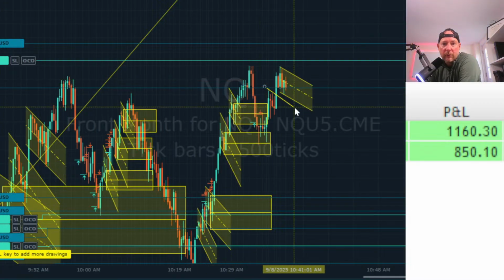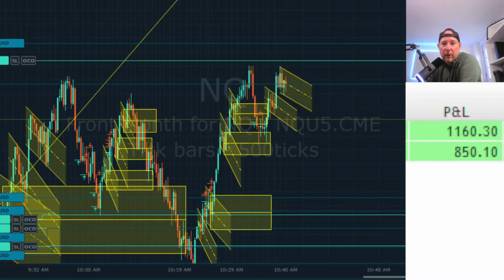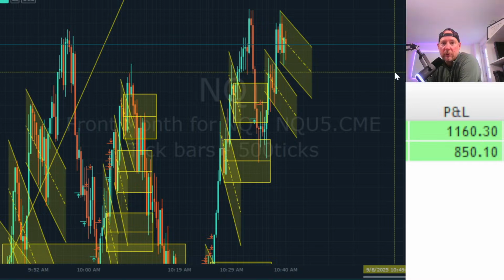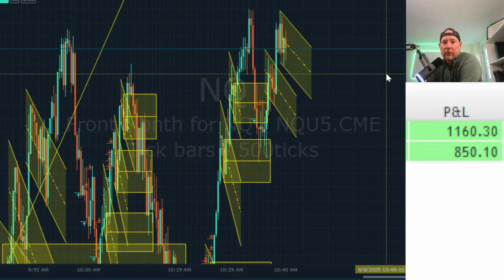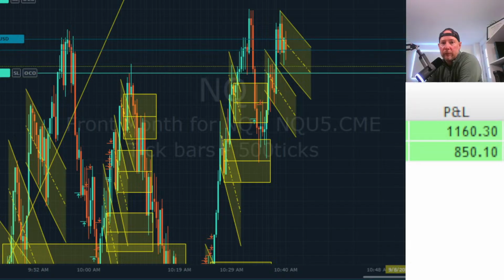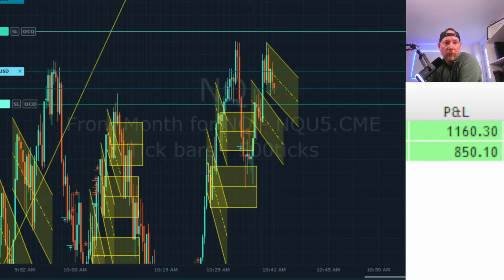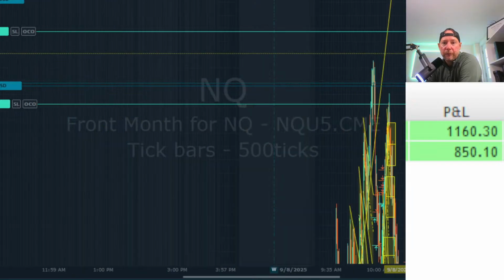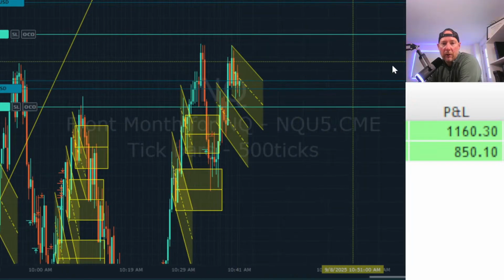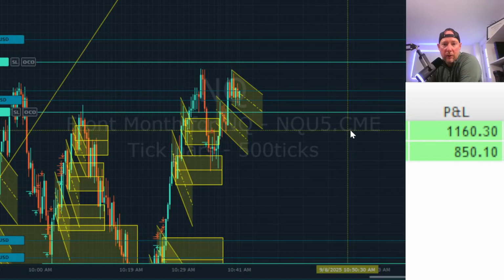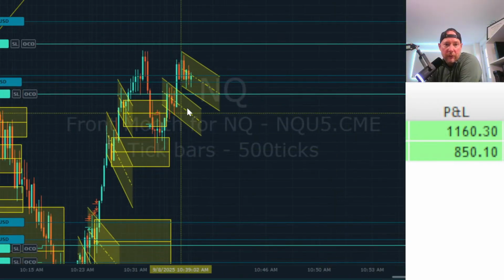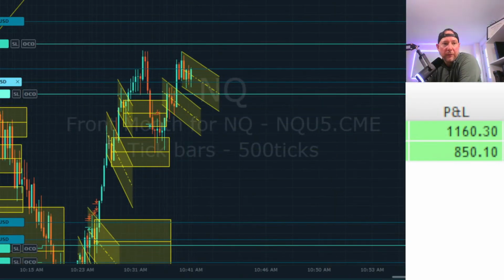So for a quick scalp, like right here, is not a terrible place to enter. But just like a small scalp. Don't forget we also formed this bull flag here, so there could be some support here as well.